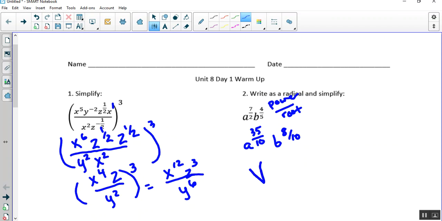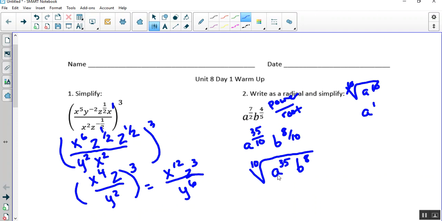So 10th root, a to the 35, b to the 8. And then anytime I have 10 a's, that can come out. So the 10th root, just think of this, the 10th root of a to the 10, the exponent and the root would cancel, giving you just a to the 1.